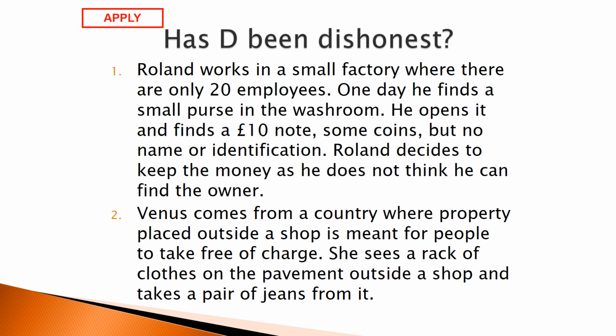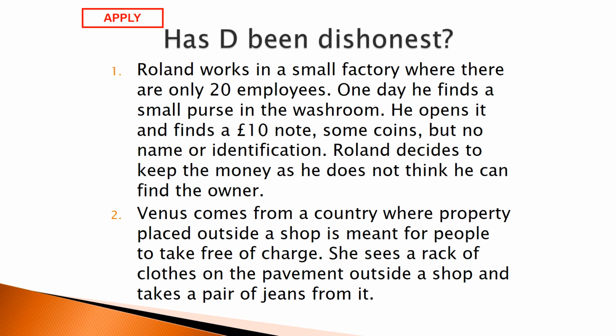Venus, taking clothes free of charge outside of a shop, objectively she is likely to be seen as dishonest, but she might be able to raise sections 21A or 21B. Maybe she believes she has the right to deprive the owner based on what her background is, and maybe she believes she would have the consent.